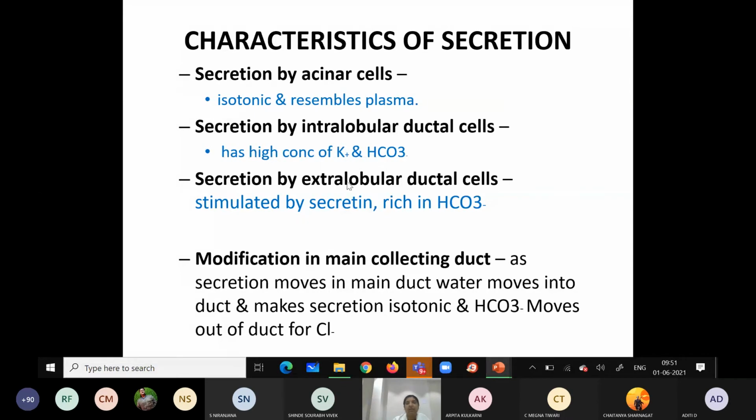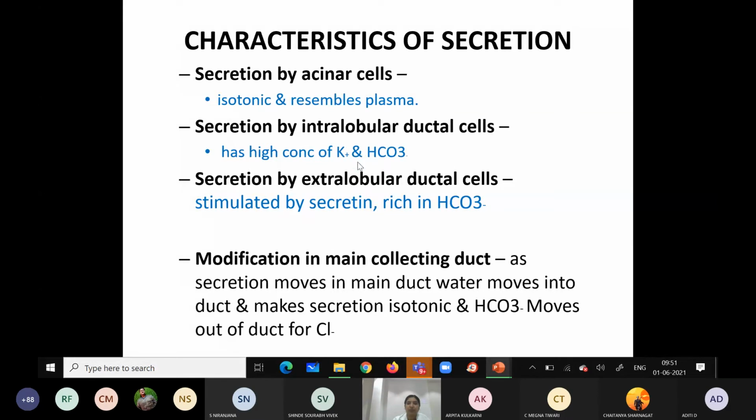The extralobular duct does not secrete the aqueous portion unless it gets stimulated by the GI hormone secretin. Once it is stimulated by secretin, it is going to produce a very highly rich bicarbonate aqueous solution. Okay, so there will be modification.